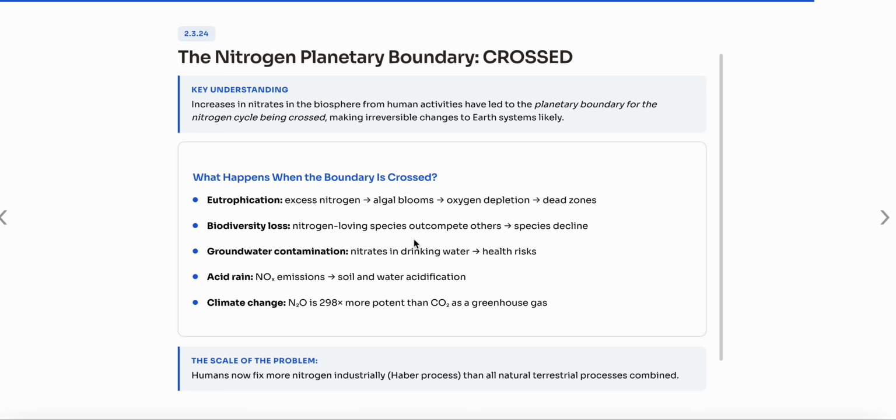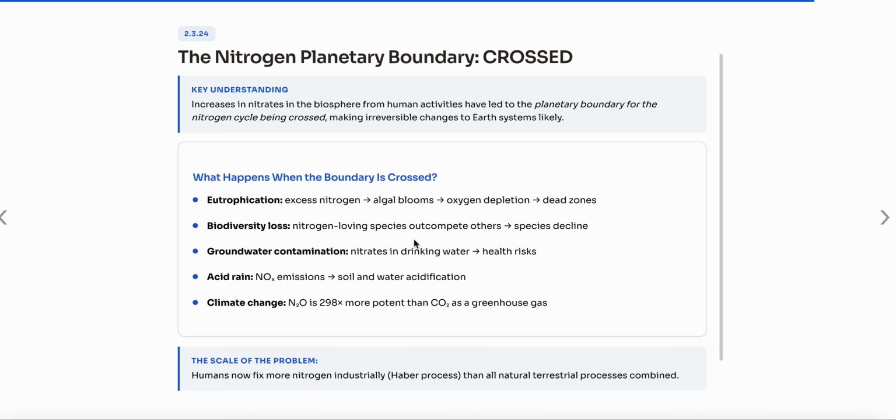When eutrophication happens, we know that it results in the formation of dead zones. That is not good for the environment, right? This is responsible for the boundary being crossed, and it makes things worse. It is not a reversible process, right?